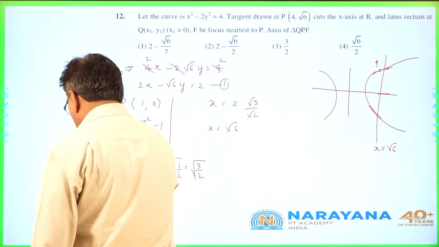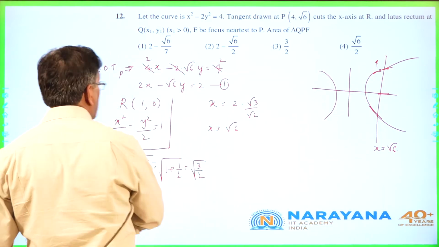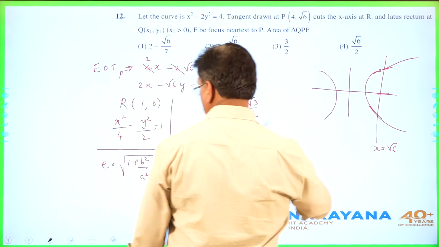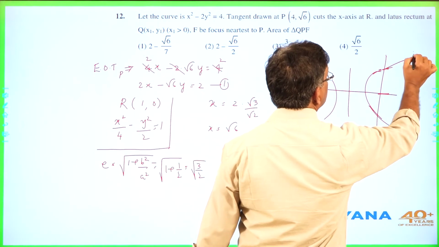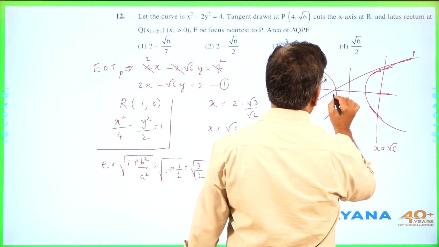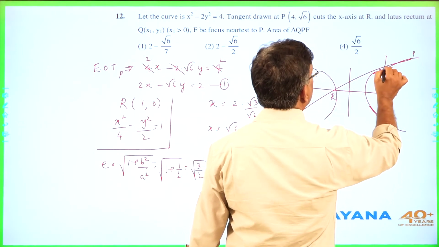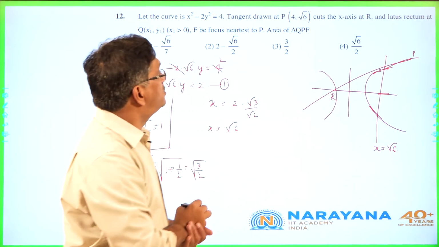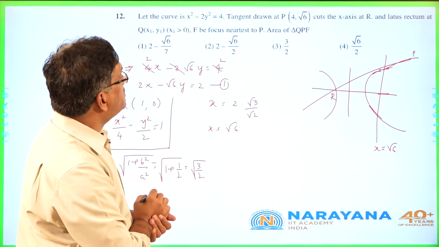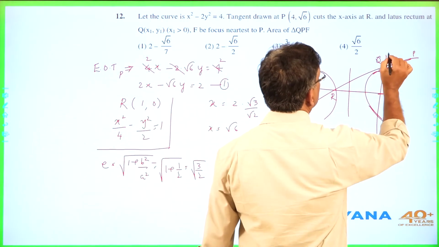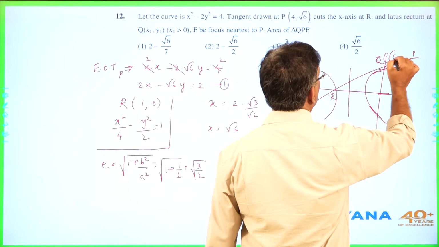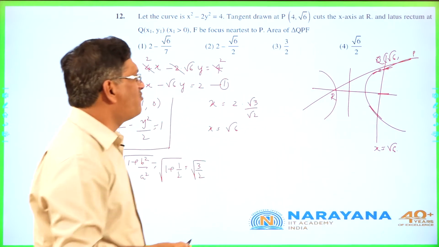So I will take the point like this, somewhere; this is P. So this is R, and it meets the given line at Q. Q has x1 equal to root 6. We have to find out y1.